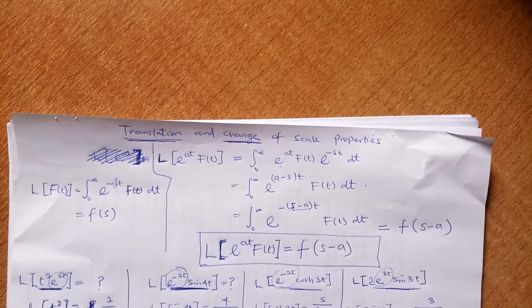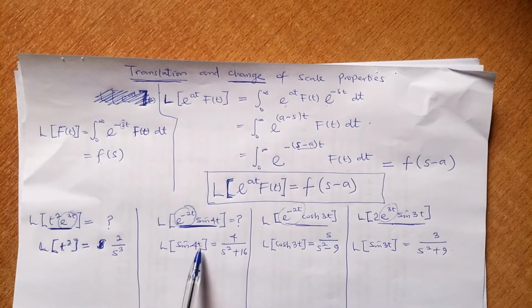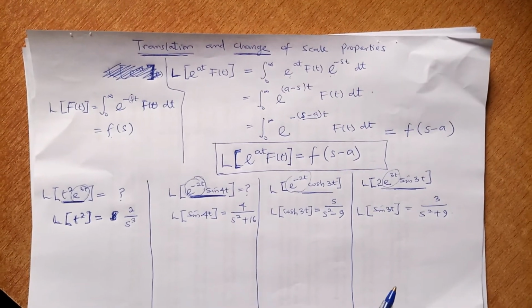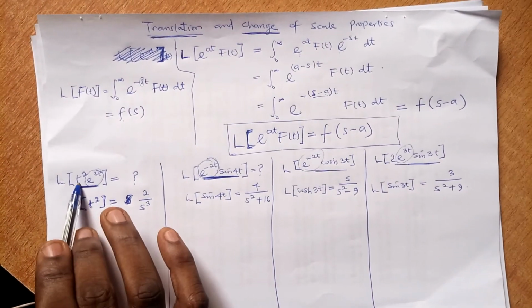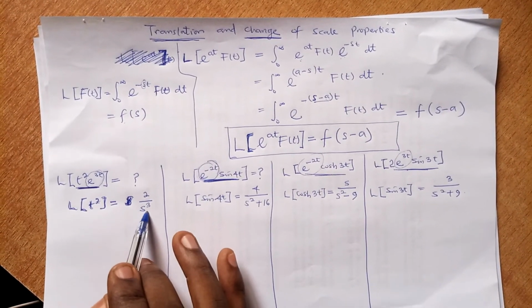So let's continue now. We are going to use this principle to solve these 4 problems on the board. So let's consider the first one. The first one, we want to find t squared e to the 3t. Now, we know the Laplace transform of t squared to be this.